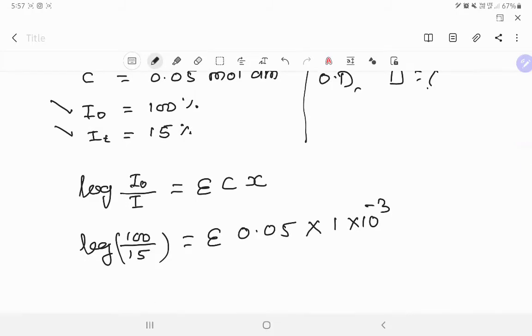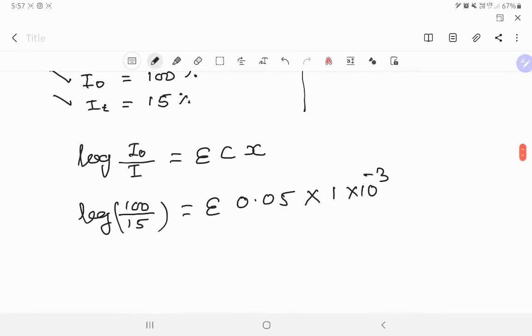Therefore, you can solve this. Log of 100 upon 15.